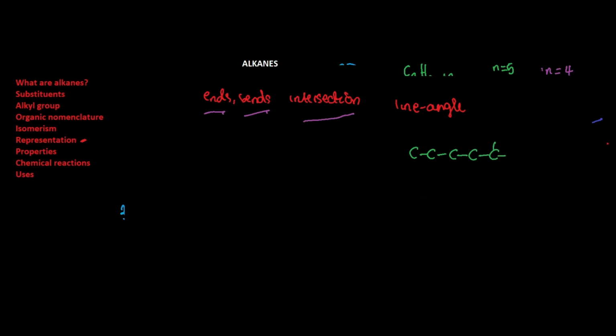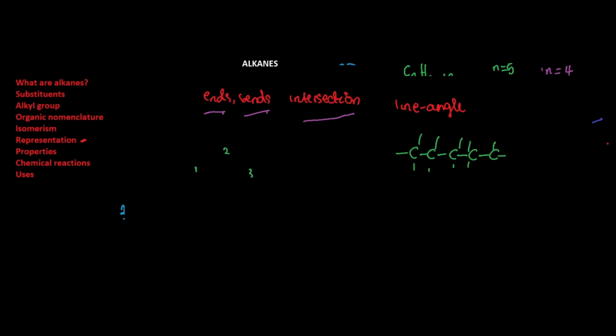Now for pentane, as we have considered, a way in which we would draw out the skeletal formula is that it makes use of a zigzag line.